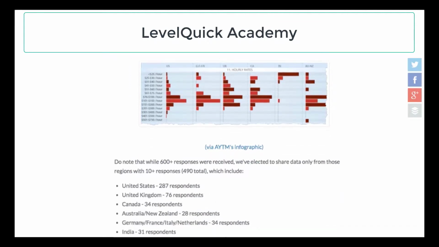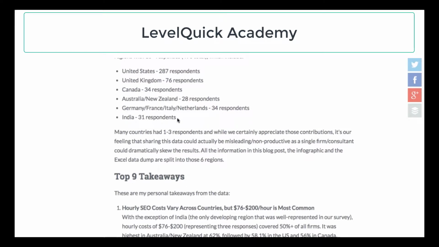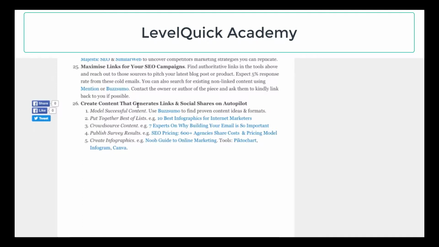So you can see the number of respondents, and they are very likely to share it afterwards because they've been involved in this information. It was really sourced from them. So it's very smart to get people to share their content and say, hey, I was part of that survey, which makes people look good.